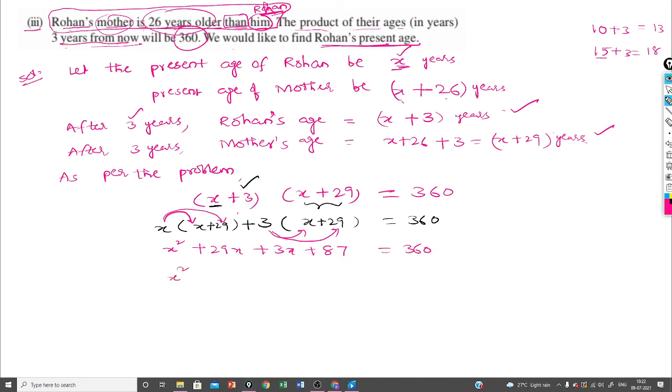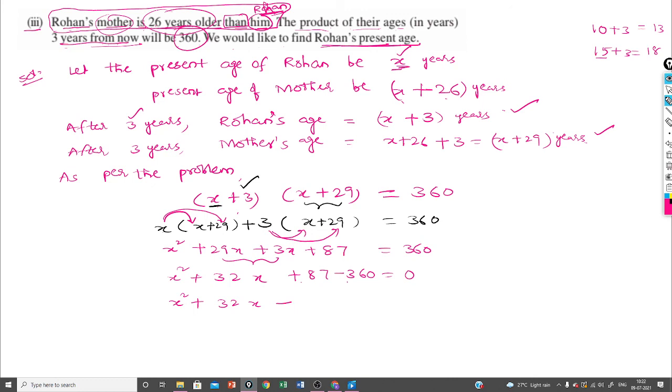Next, x square, 29x plus 3x, 29 plus 3 is 32, so 32x, plus 87. This positive 360, if you transpose, will become negative 360, equal to 0. X square plus 32x, then 87 minus 360: smaller number minus bigger number, the answer will be negative only.